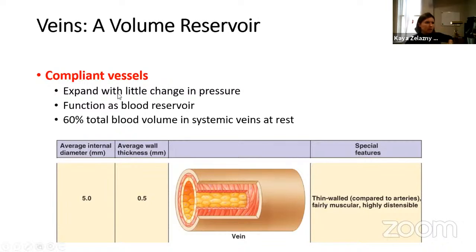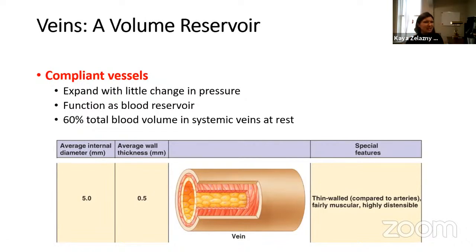Okay. And we'll look at a graph of that as well. But associate veins in your head, highly compliant, right? That won't steer you wrong. Highly compliant veins hold a lot of blood. The official definition of compliance does have to do with the relationship of volume to pressure. So if we wanted to define it specifically, we would say that they can expand with little change in pressure.